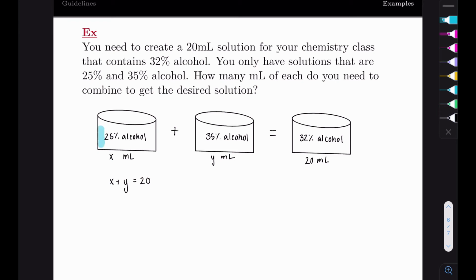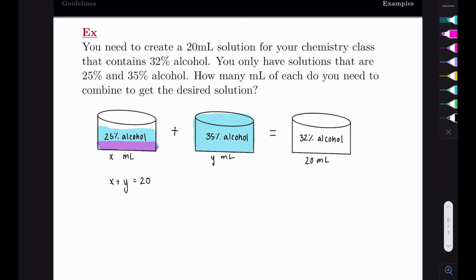So this solution contains however many milliliters in total. I don't know. But because it's 25% alcohol, a quarter of those milliliters are going to be pure alcohol. Same thing over here. I might have to fill this jug up completely for my specific solution.